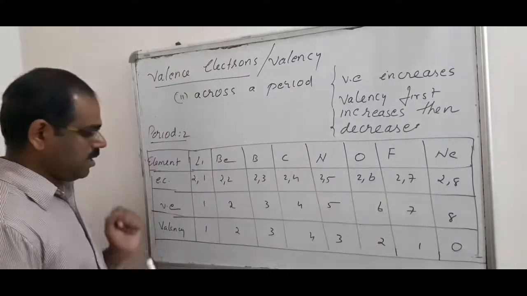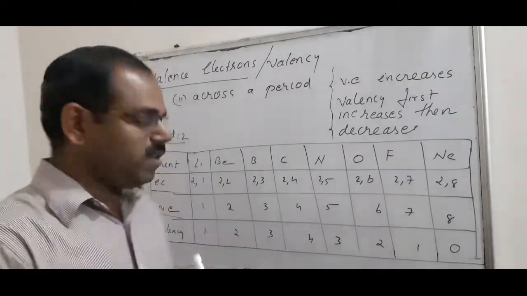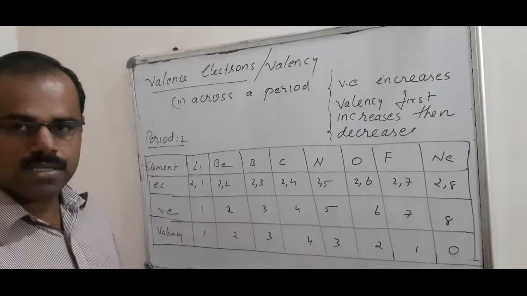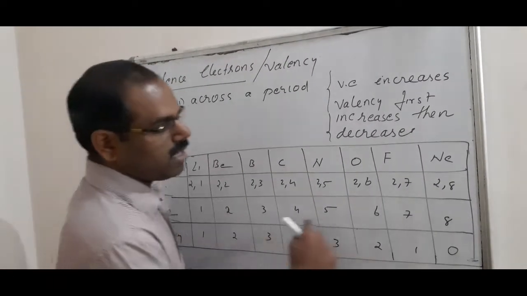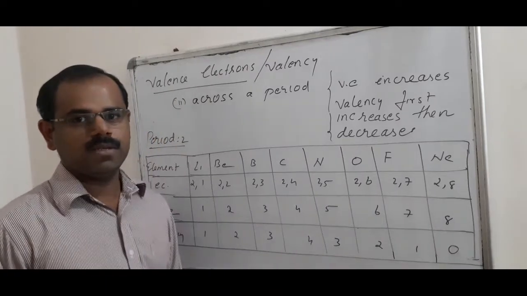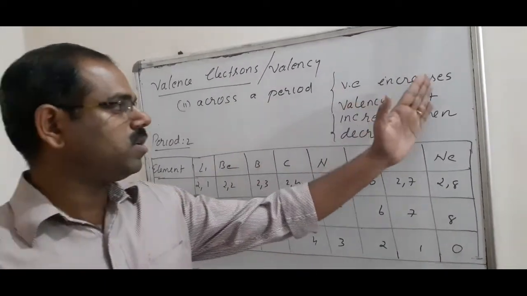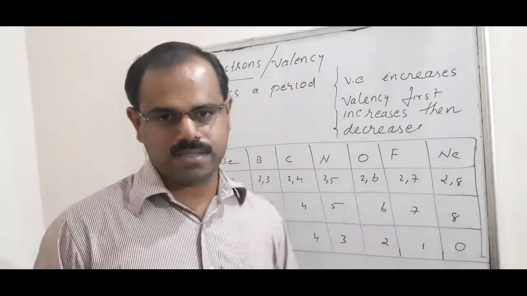So what we observe here is 1, 2, 3, 4, 3, 2, 1, 0. Left to right, across a period, valency first increases, then decreases. Valence electrons increase across a period. Repeating once again: across a period, valence electrons increase, and valency first increases, then decreases.